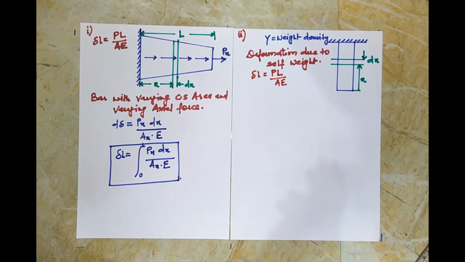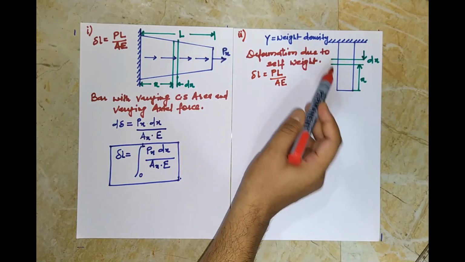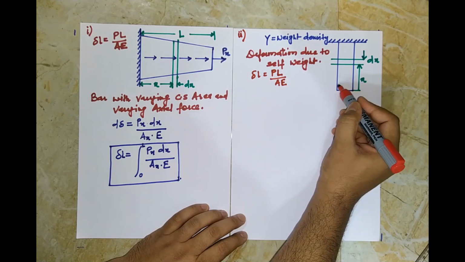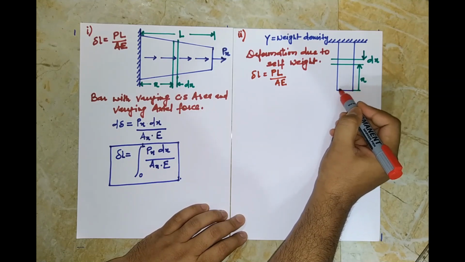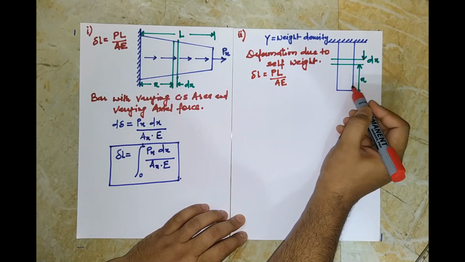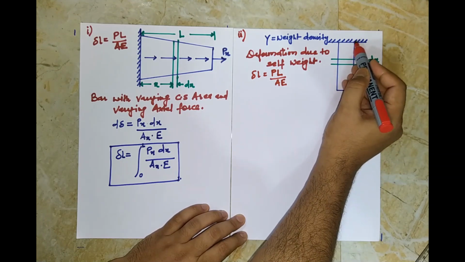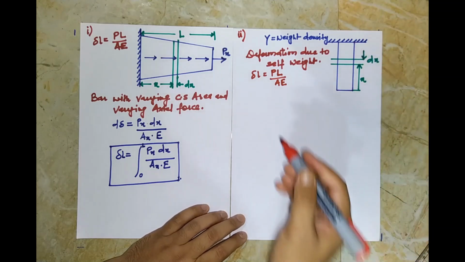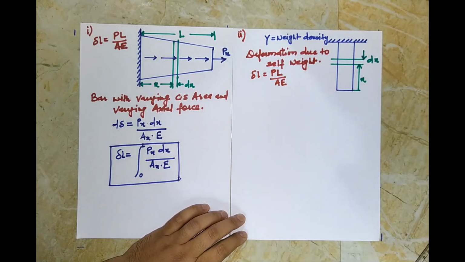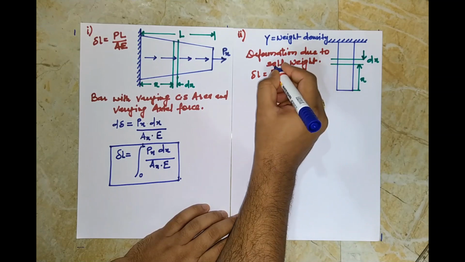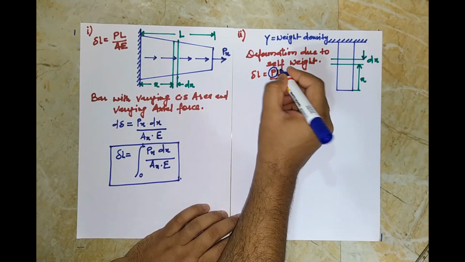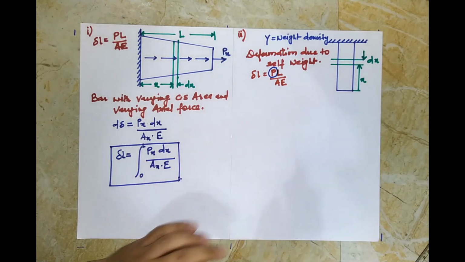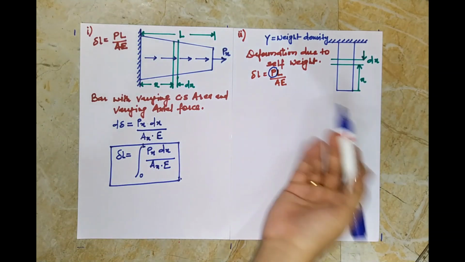Since here the loading will vary, because if we consider this cross section, the load acting is the weight of the material below it, so the load will vary. Area of cross section remains constant because we have taken a prismatic bar.